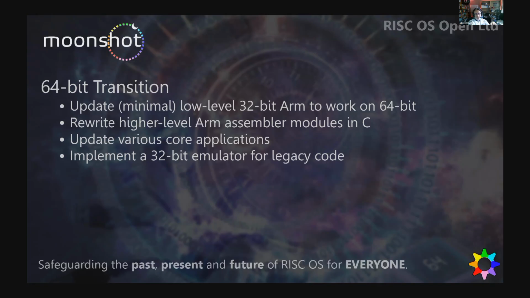So it suits RISC OS moving onto future ARM chips for the foreseeable future. So that's part of the goal, is to just replace all of the ARM code in RISC OS with C.